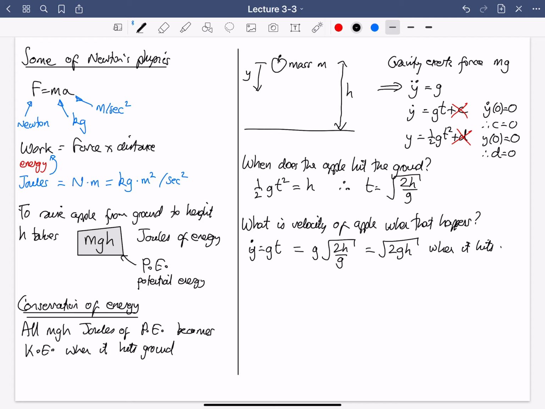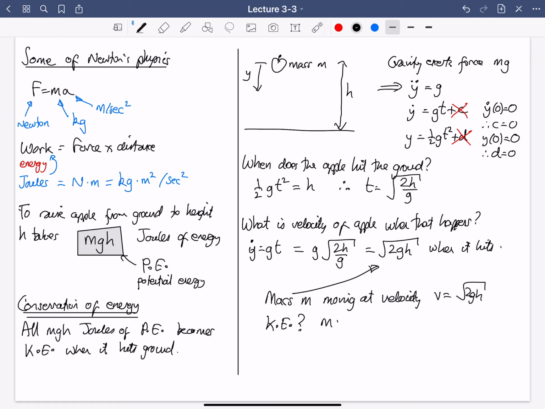So let's think how much kinetic energy it is. So kinetic energy, let's see if I can do this. So we've got a mass m moving at velocity, so that instant it hits the ground, its velocity v is square root 2gh. How much kinetic energy has it got?